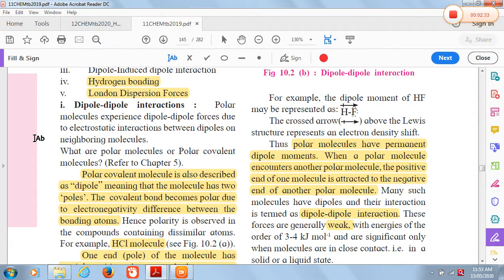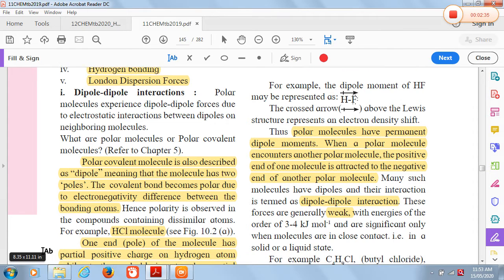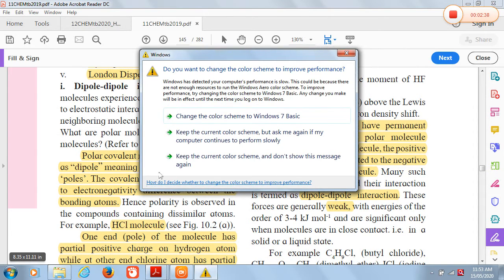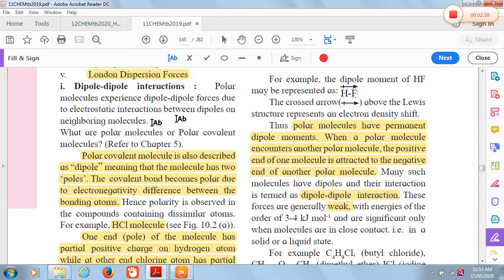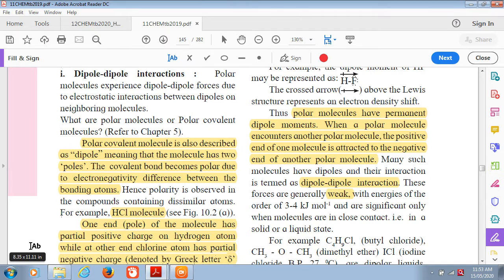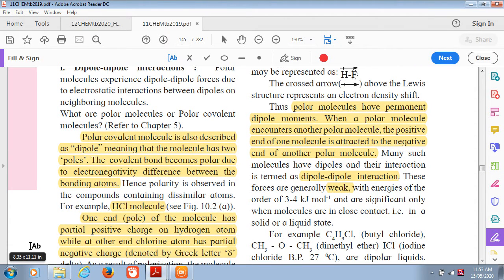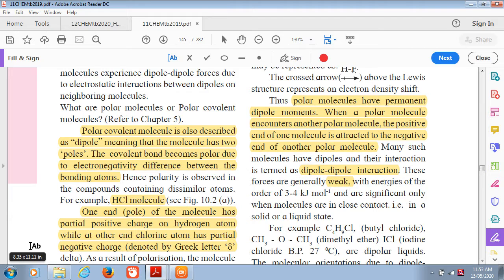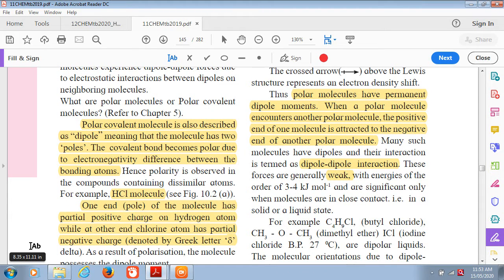So let us consider one example, the HCl molecule. In case of the HCl molecule, one end, that is a pole of that molecule, has a partial positive charge on the hydrogen atom, while the other end, which is the chlorine end, has a partial negative charge, and it is shown with the delta sign.